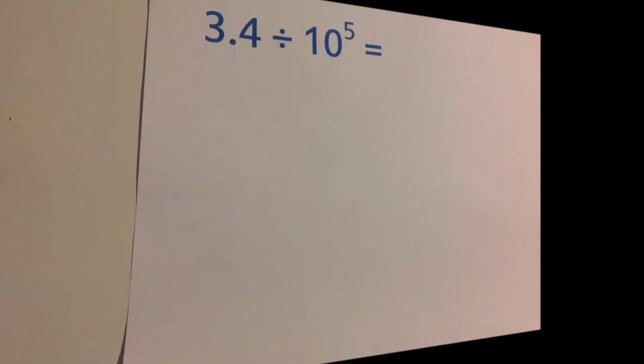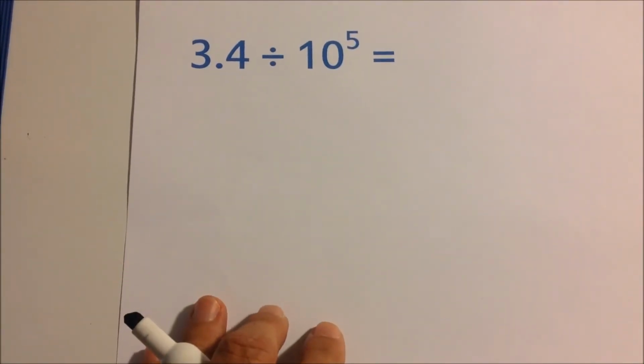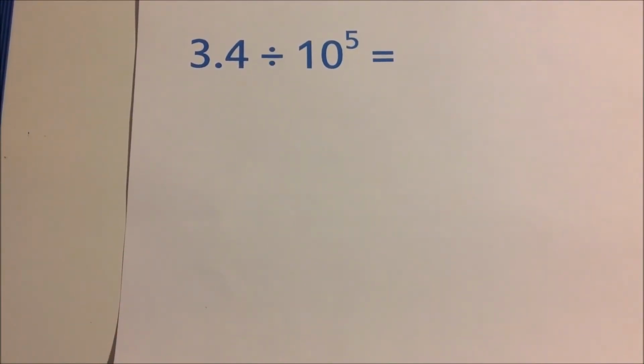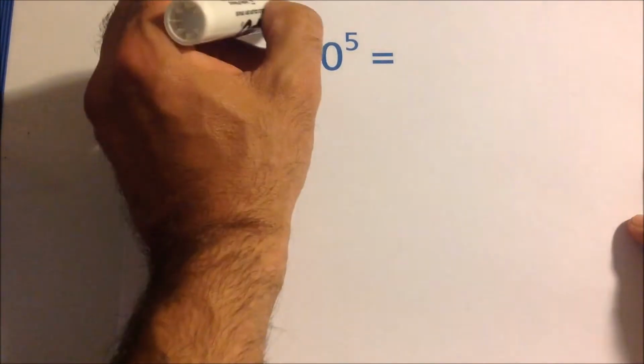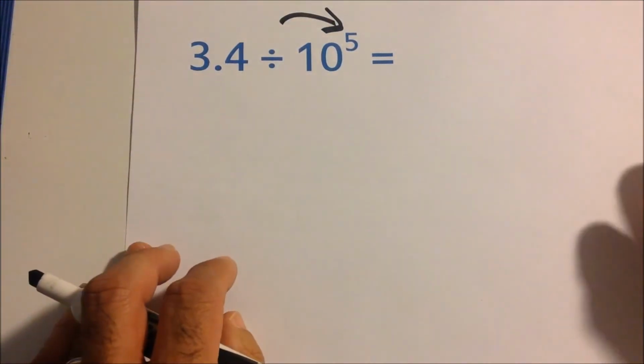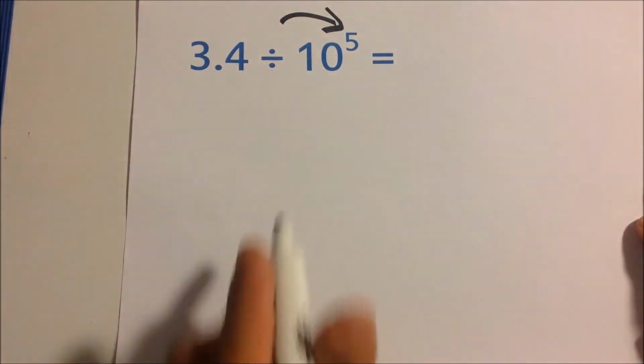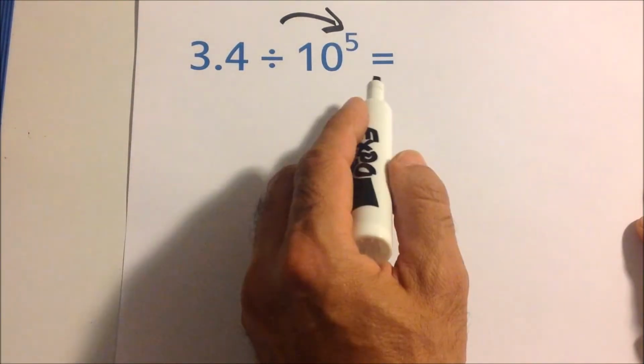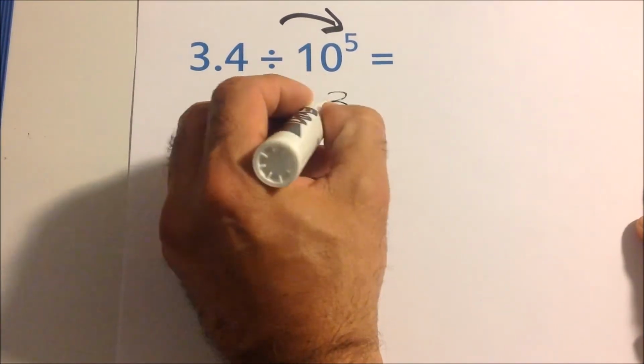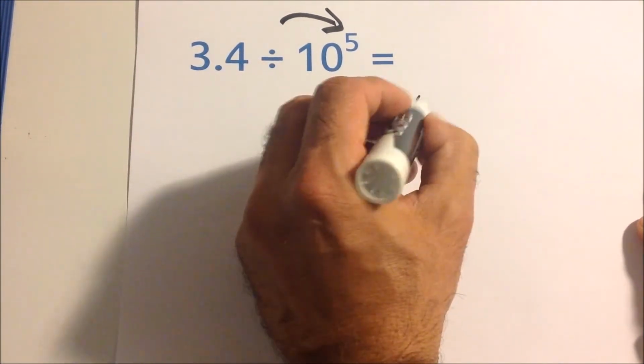Simple as that. Okay, let's look at another example here. So it's 3.4 divided by 10 to the 5th power. The exponent right here is telling us to move this decimal 5 times. And it's division, so we're going to the left. Remember, multiplication, to the right. Division, to the left. Let's bring it over here so we have more room.